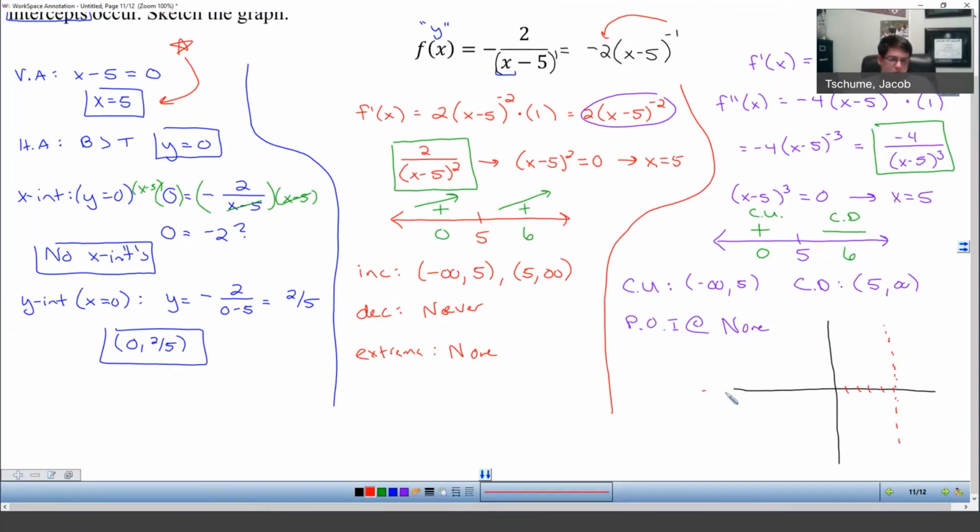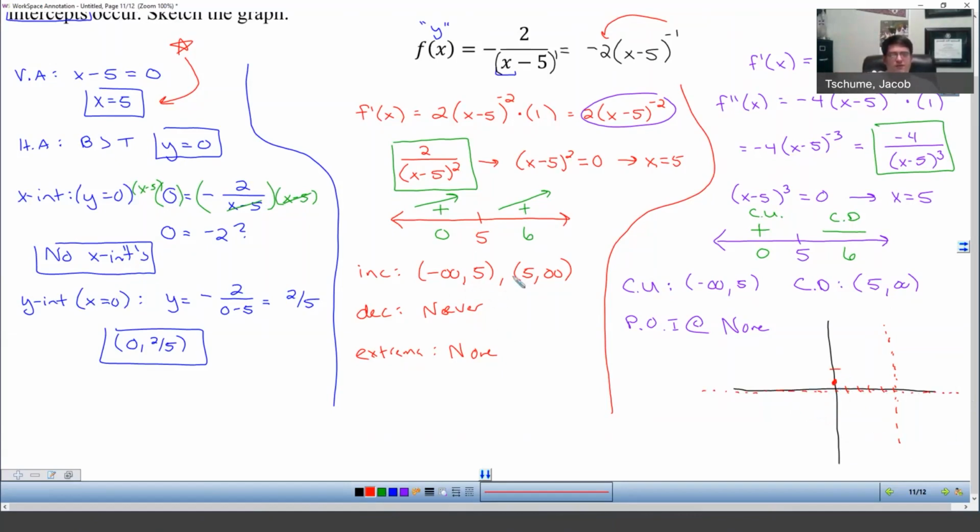Y equals 0 is a horizontal asymptote, so we don't have an x-intercept, and that kind of makes sense now because we have a horizontal asymptote there. And then at 0.2, which is about here, you have a y-intercept.